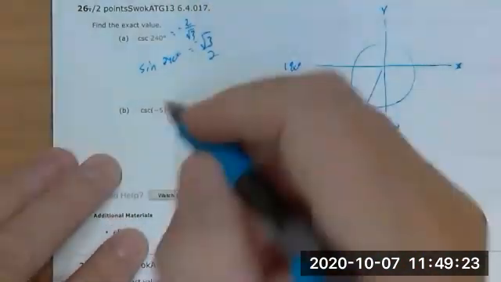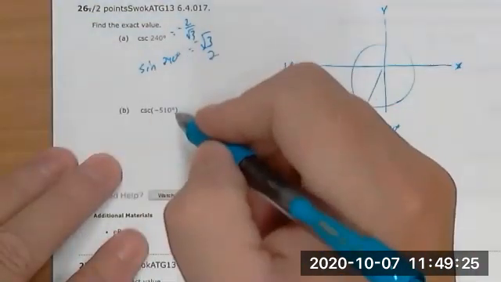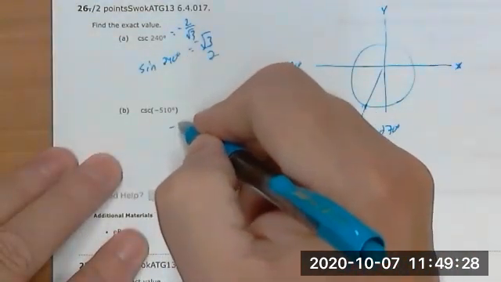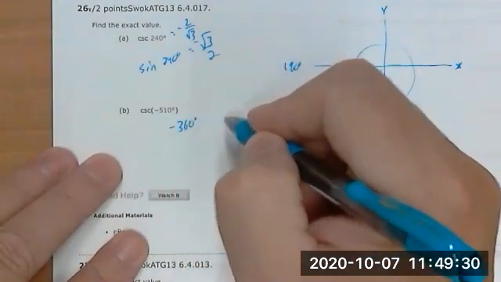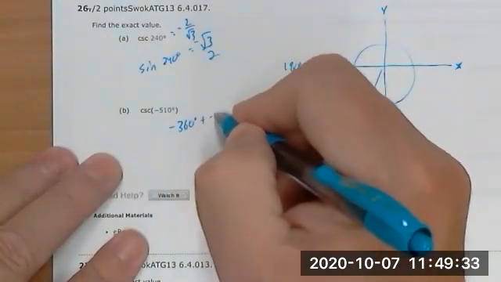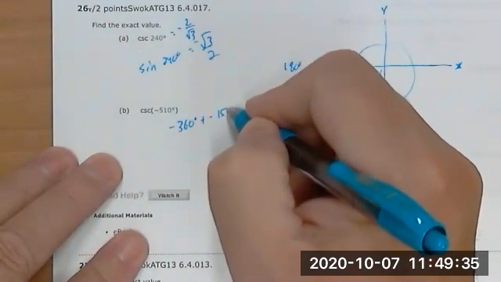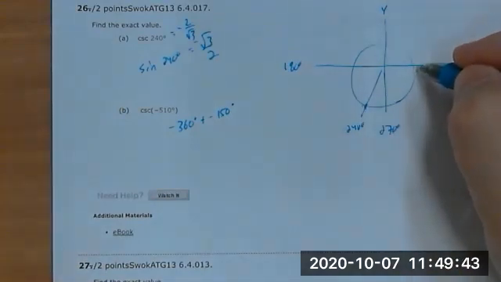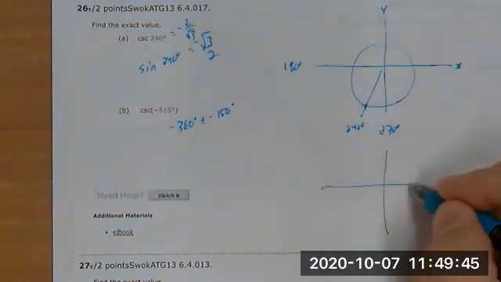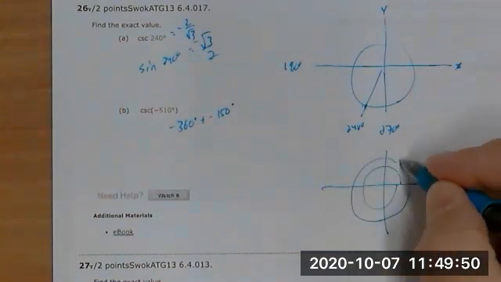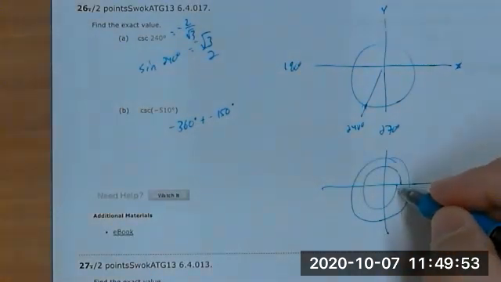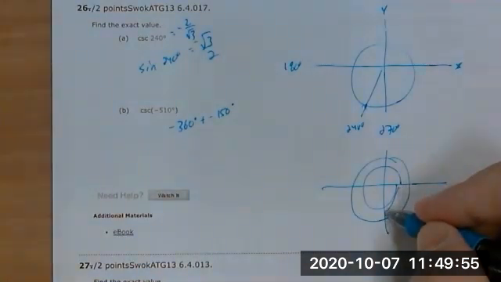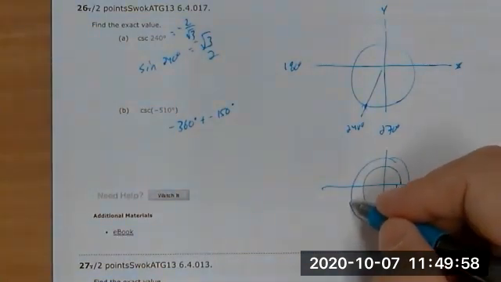-510. -510, one trip around is -360. And then I think I will need to go a -150 degrees more to get to -510. So -360, then here's 90, 60 more.